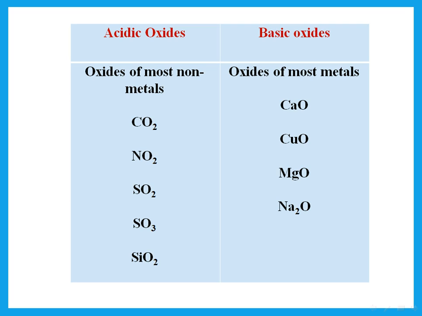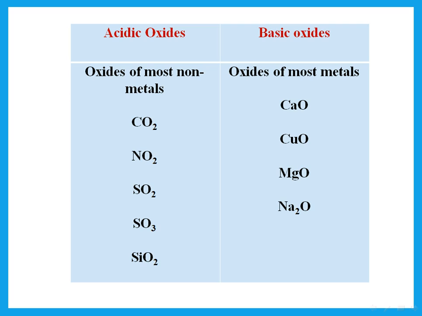Some of the oxides are acidic and some of them are basic. So oxides of most non-metals are acidic. So carbon dioxide, nitrogen dioxide, sulfur trioxide, silicon dioxide, all of these are acidic oxides. While oxides of metals like calcium oxide, copper oxide, magnesium oxide, and so on, these are basic oxides.